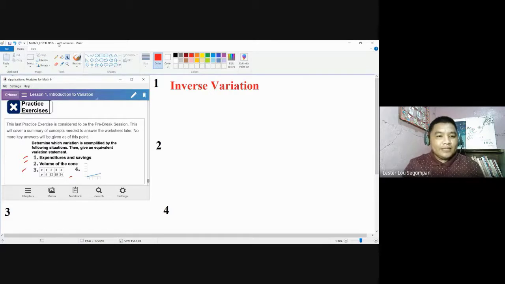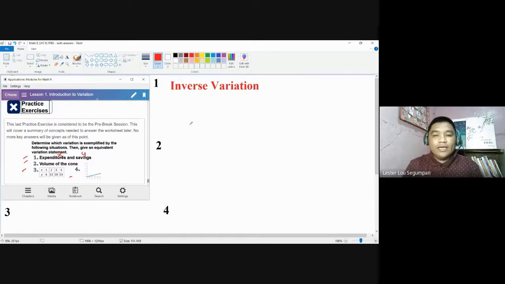That would mean savings here is our y variable as it depends on the expenditures, and this is your x. When you come up with a variation statement for inverse variation, you have two options. Number one, you could state it like y varies inversely as x. And number two, you may say y is inversely proportional to x.